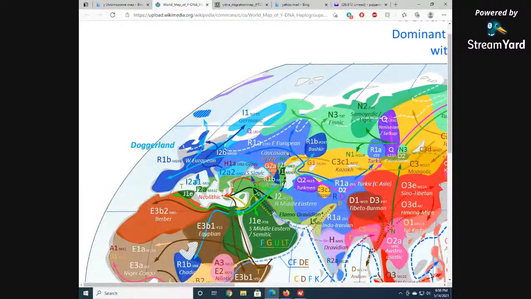The farther north you go, the farther east you go, the more of it there is, and the more Asiatic features people have.